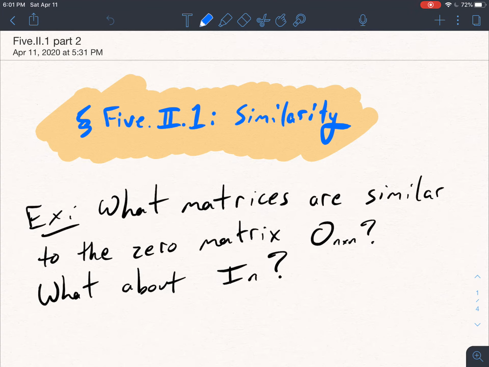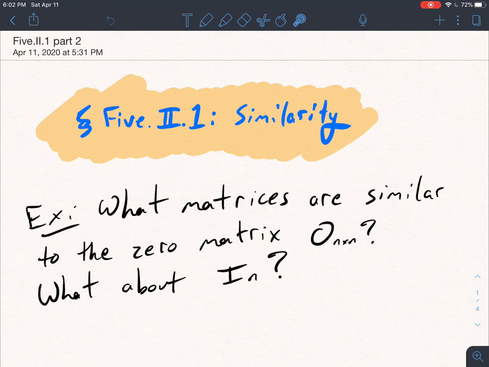So the next logical step would be identifying when you can say that some easy examples of matrices are similar to each other.